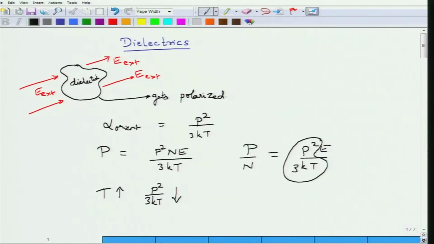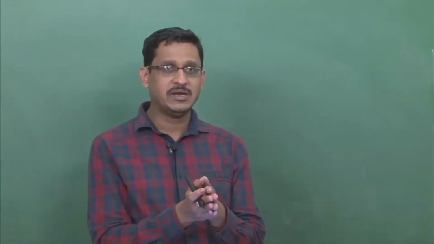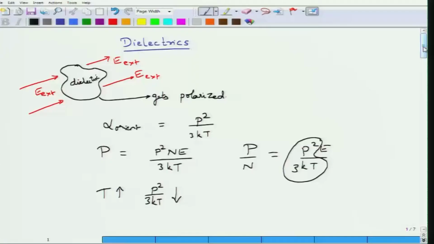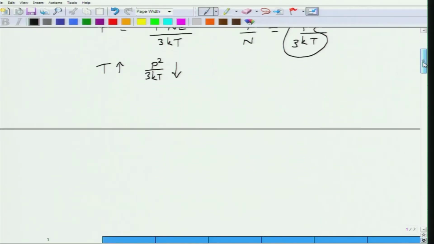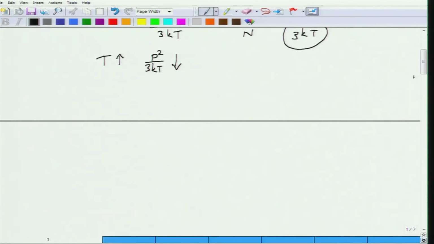Orientational polarization was about how you could align into a particular direction, and that alignment becomes a problem as you increase the temperature. So we can combine all these three polarizations and write down an expression for polarization.